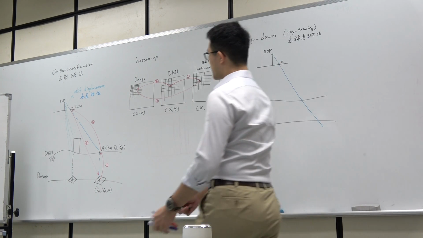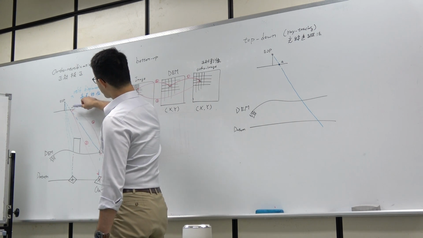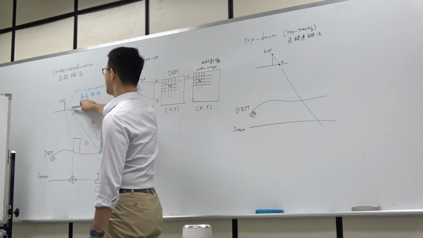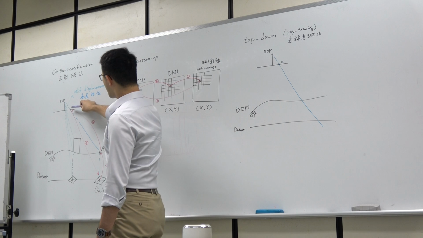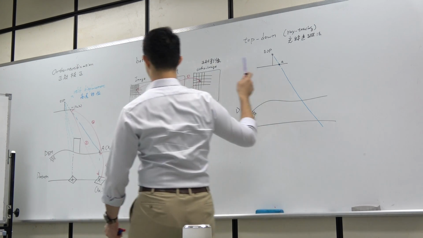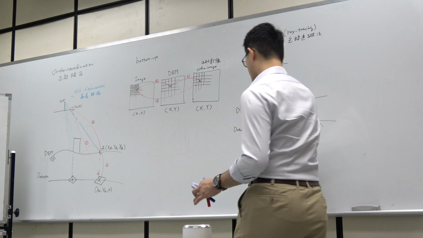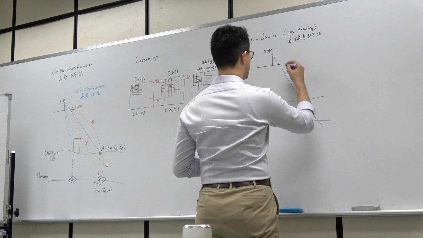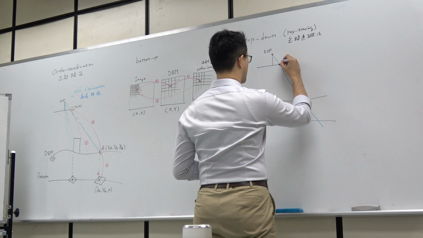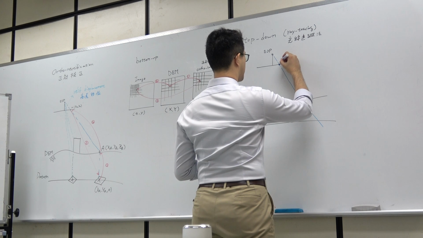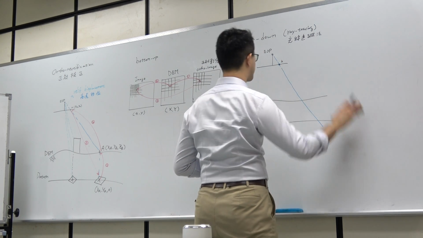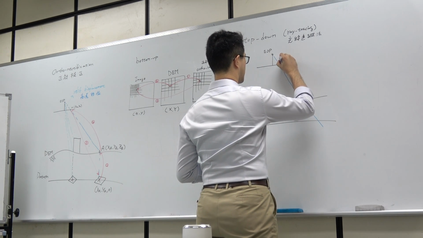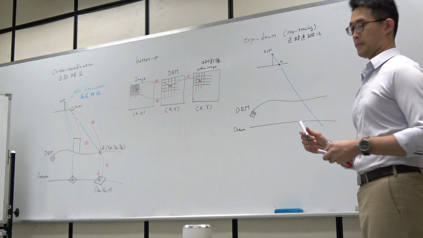If I want to go from the top to the bottom, then for each pixel, let's take a certain pixel. Let's change it to, for example, B. We have the big B pixel, pixel B over here.